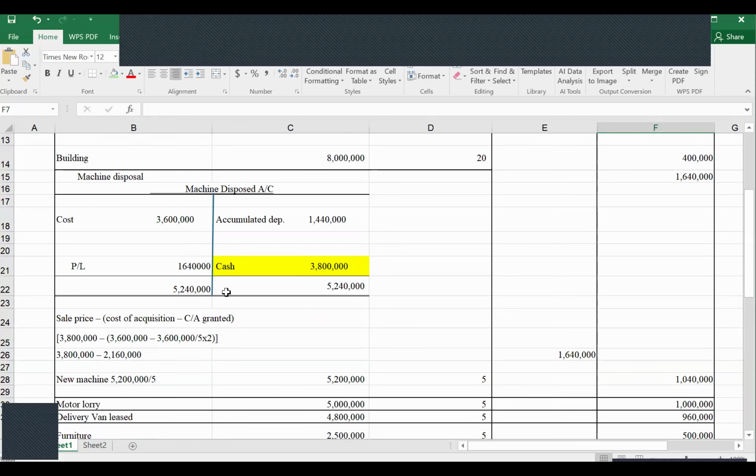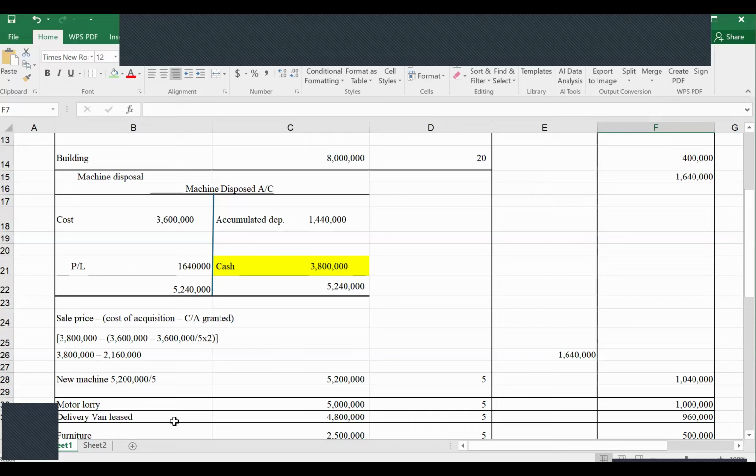Then machine disposal. You have been given details of the machine: cost is there, accumulated depreciation is also given, and the amount transferred to the P&L is also given. So you can calculate the cash value, that means the sale proceeds of the disposed machine.